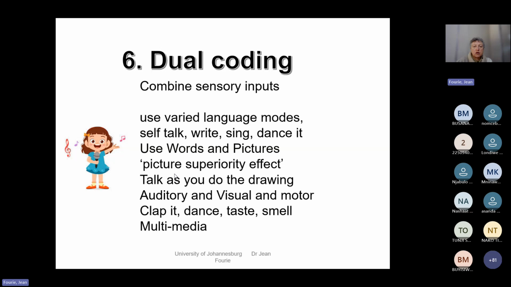So this is called the picture superiority effect, and this is just a small part of this whole idea of dual coding and having multiple ways, multimedia, that we are presenting information to learners, because all of that will ensure that there is much more engagement with the topic, and that the topic is being thought about and encoded as strongly as we can and as accurately as we can into long-term memory.